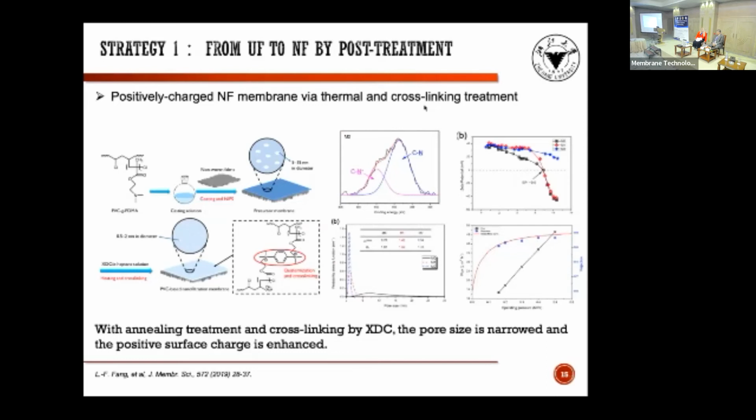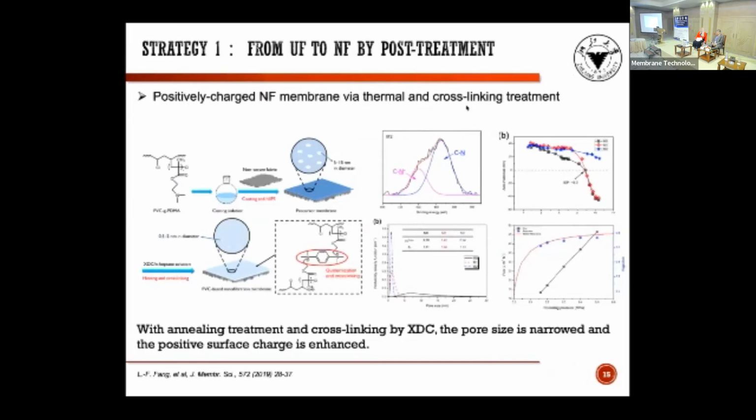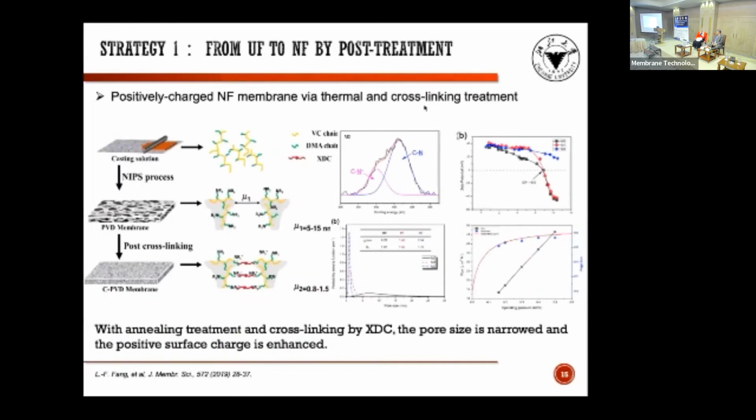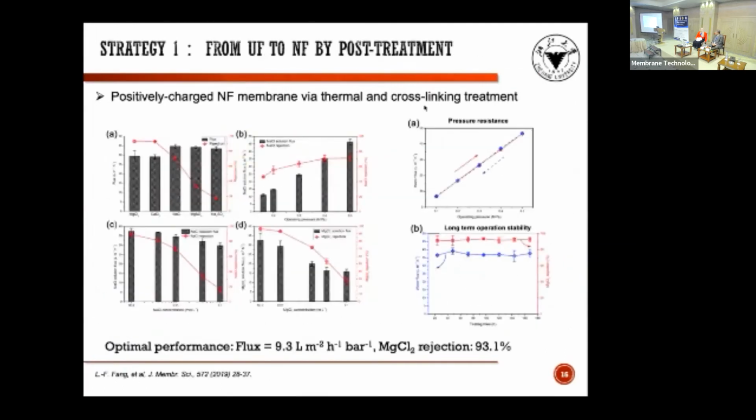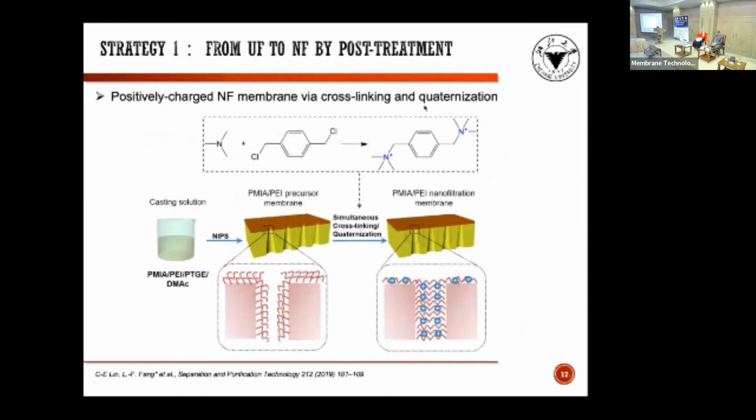No IEP is found in the test range. Now, benefiting from the enhanced hydrophilicity and enhanced charge, the membrane shows improved water permeance and magnesium chloride rejection. Of course, the membrane stability is very good.